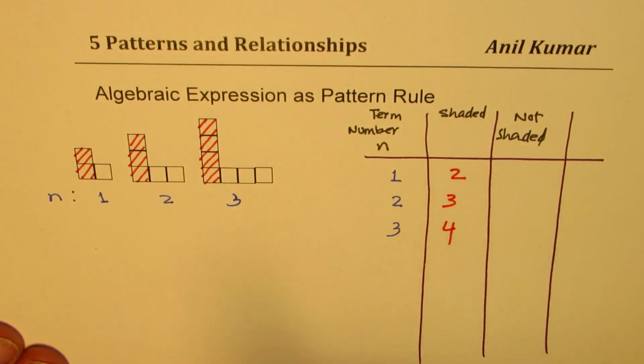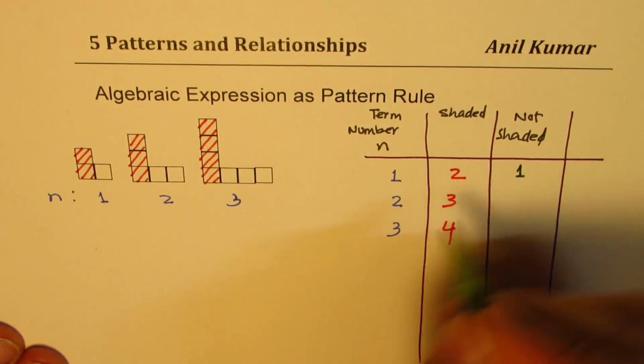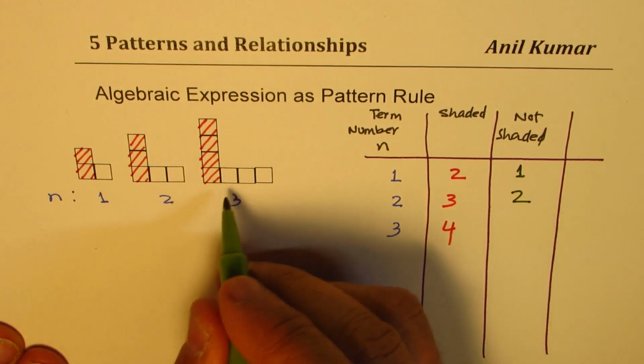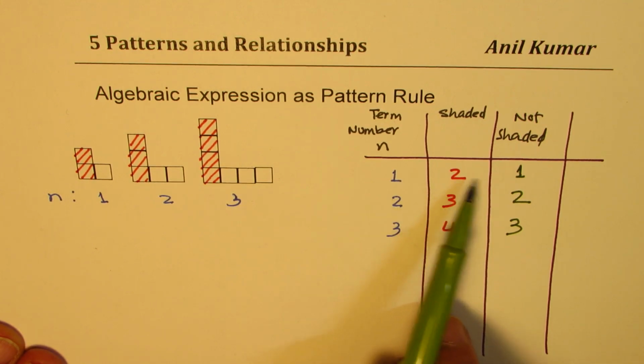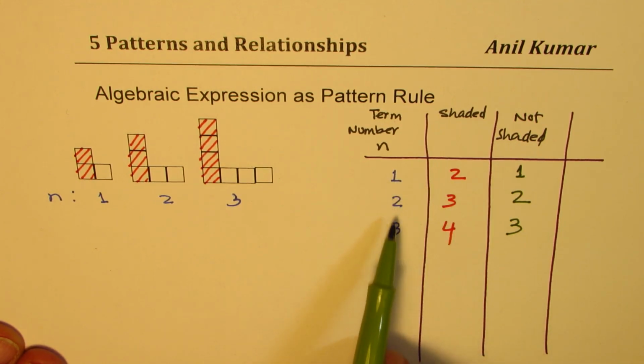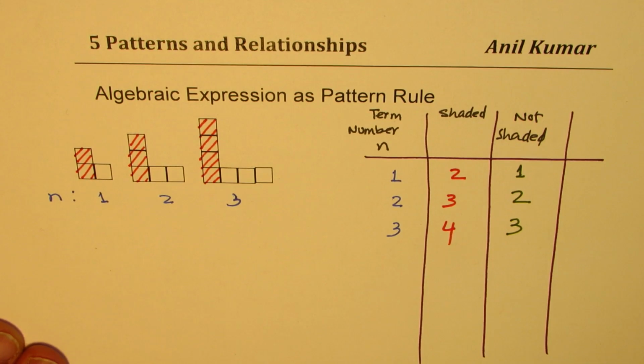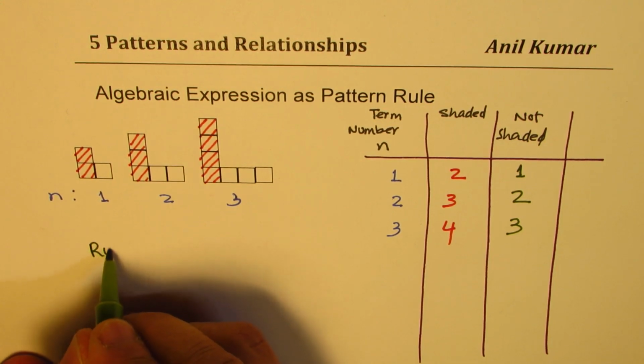And how many not shaded? In the first one, 1, and then we have 2, and then we have 3. Now, can you relate these numbers with 1, 2, 3, the n value? That is the question for you. If you can write your rule, right? So, now write your rule.